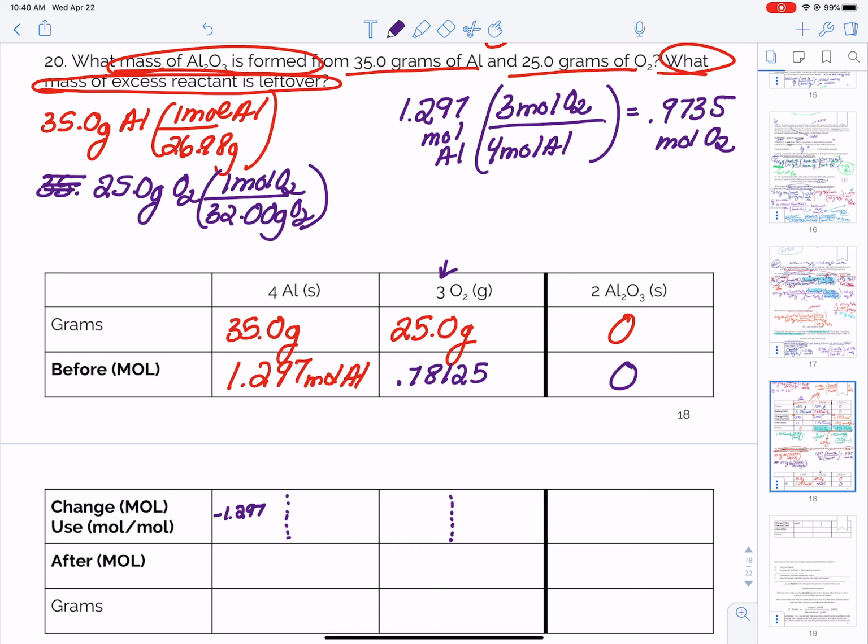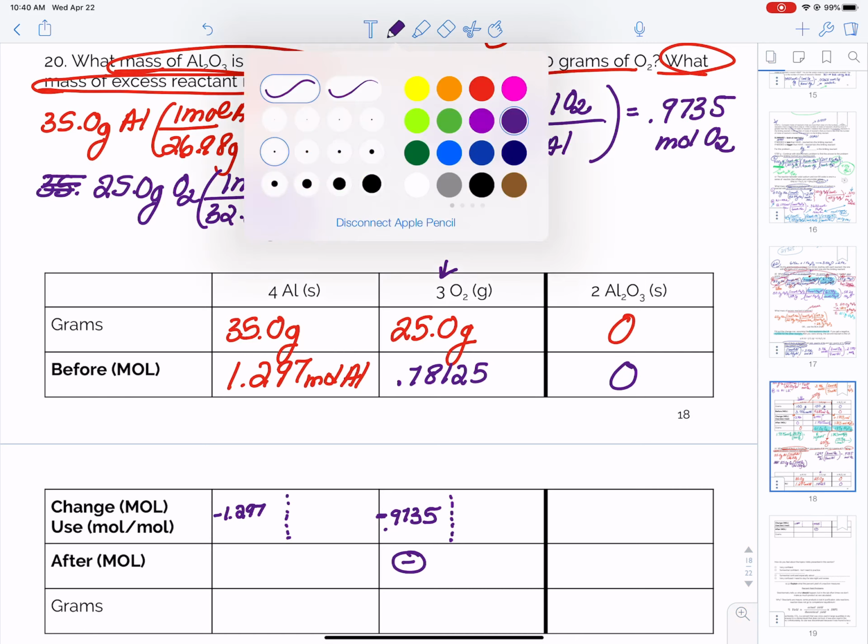That would be the number of moles of oxygen used. Look what would happen if I tried to use 0.9735 moles of oxygen. Can I take 0.78 moles and use 0.97 moles? No, that would come out to be some sort of negative answer here in the after. So what that means is that can't work. That is not right.